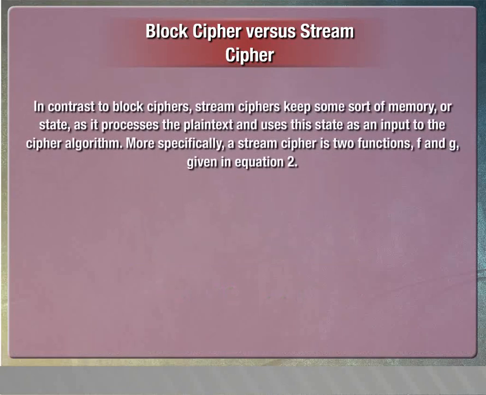In contrast to block ciphers, stream ciphers keep some sort of memory or state as they process the plaintext and use this state as an input to the cipher algorithm. More specifically, a stream cipher is two functions f and g given in equation 2. Sigma t plus 1 is equal to f of sigma t, p t, k. C t is equal to g of sigma t, p t, k.